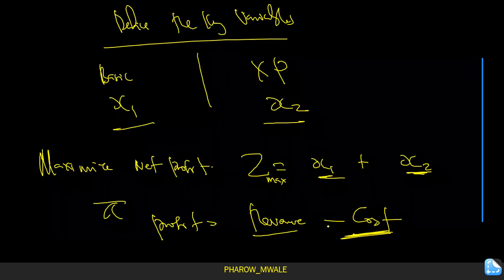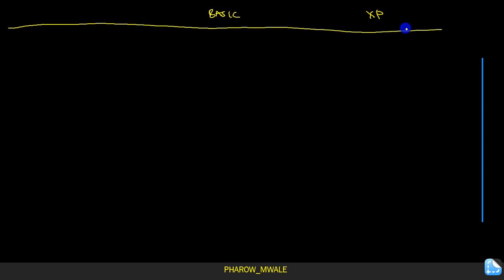Now, the way I love to do this is I love using a table. Okay, I'm going to put my basic computers on top here, and I'm going to put my XP computers on top there. Then I can just draw a line like that and divide it in the middle. Now we said we can represent basic, the quantity, by x1, and XPs we can represent the quantity by x2.